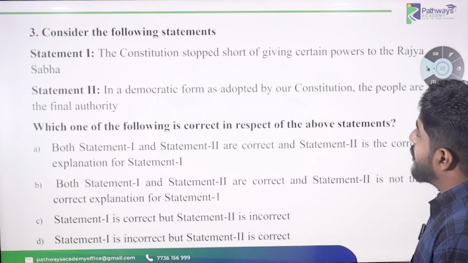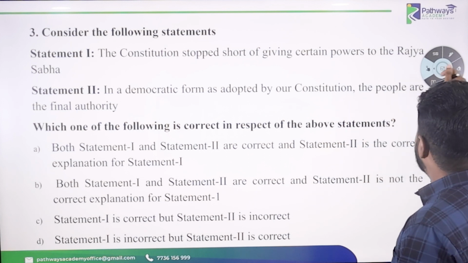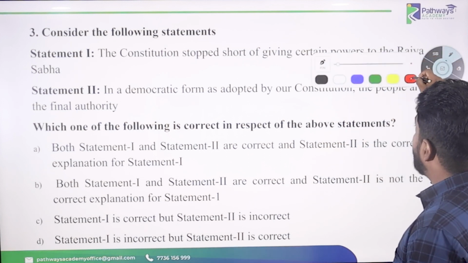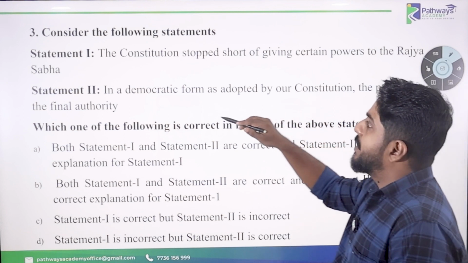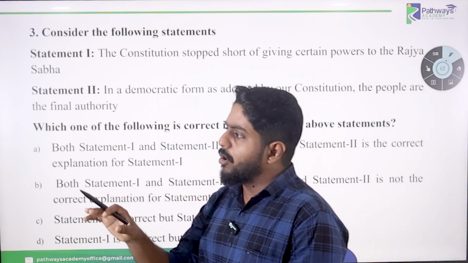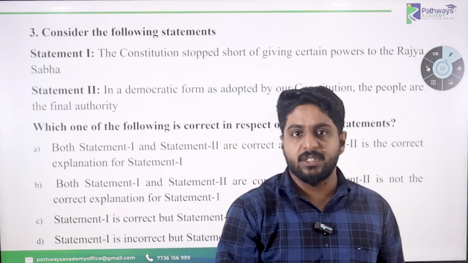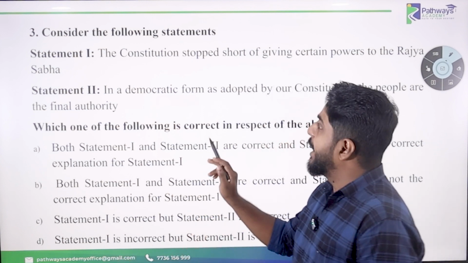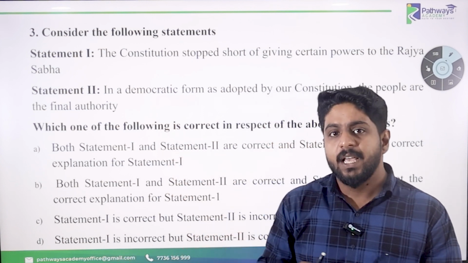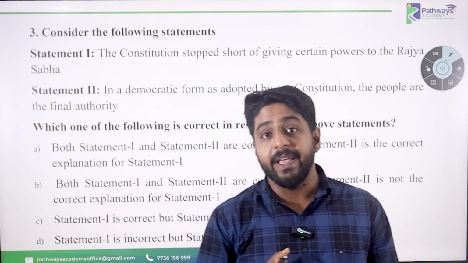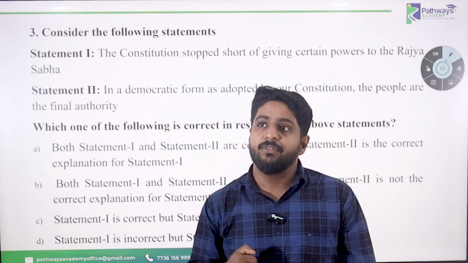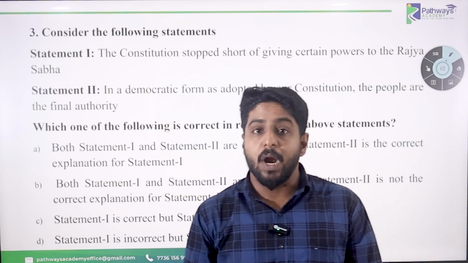The constitution stopped short of giving certain powers to the Rajya Sabha, isn't it? Very good. It says that the constitution does not give much power to Rajya Sabha. This is what is provided here, isn't it? Fine, because Rajya Sabha is a secondary chamber in certain matters, like for example the enactment of money bills.